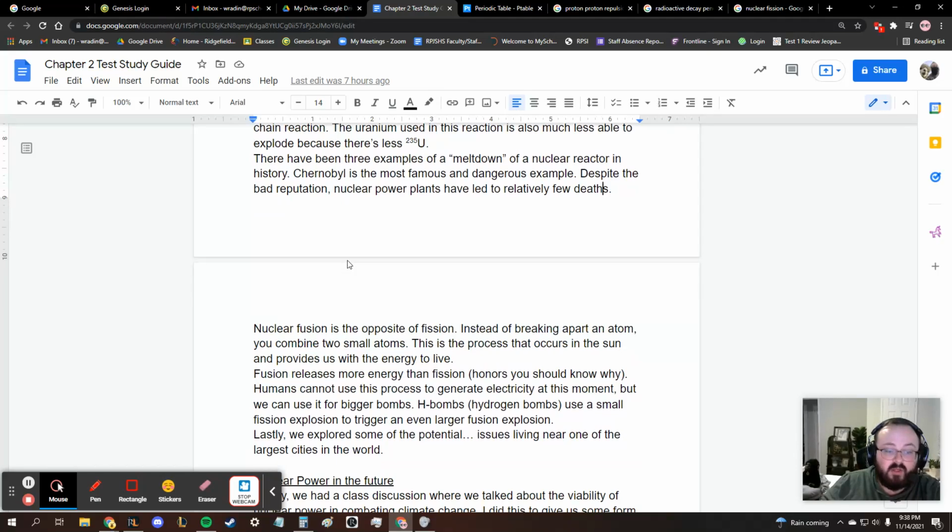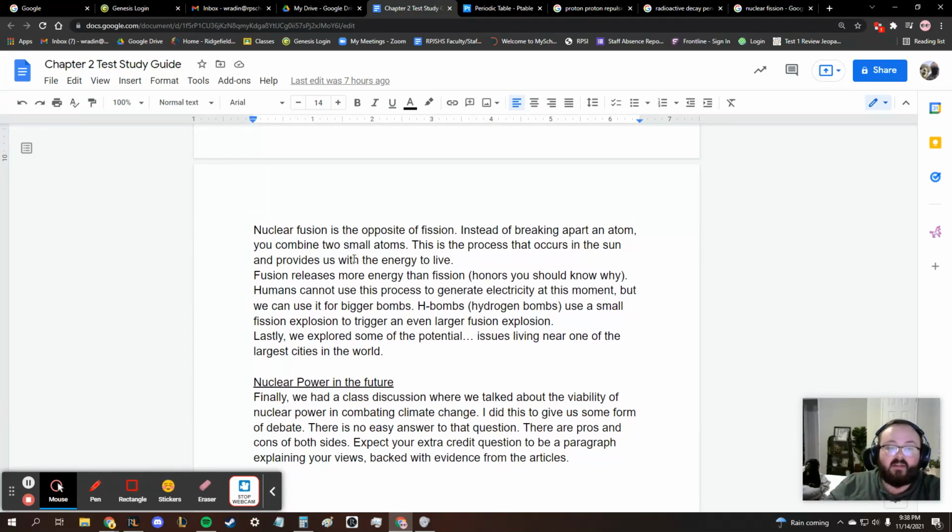Nuclear fusion, on the other hand, is the opposite of fission. Instead of breaking apart an atom, you are combining two small atoms, fusing them together. This is like Vegeta and Goku.